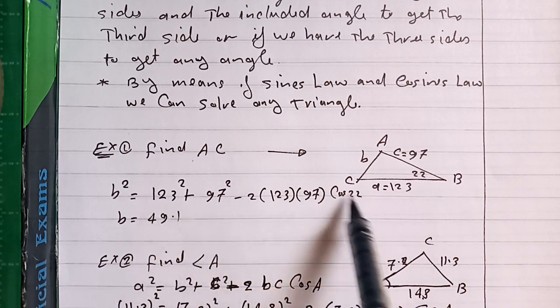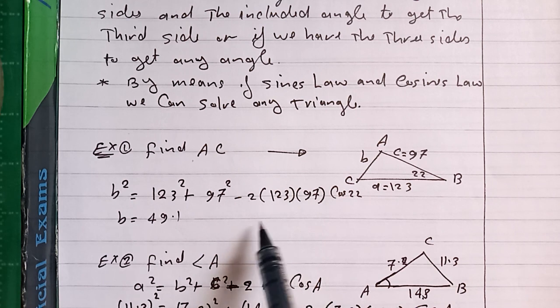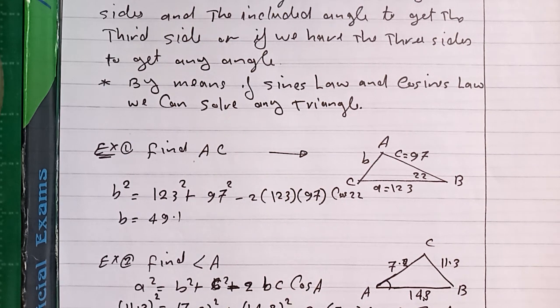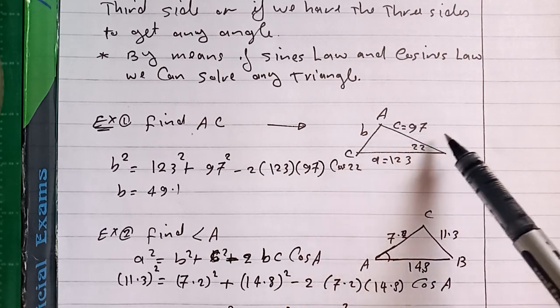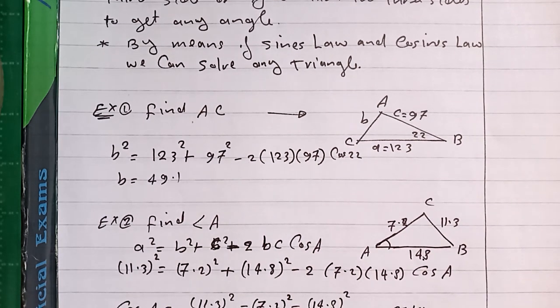Then do all this in the calculator. You will get 49.1 after getting the square root, of course. So B will be 49.1. This is a direct example to get a side if you know two given sides and the angle between them.